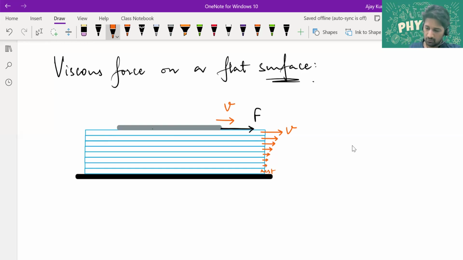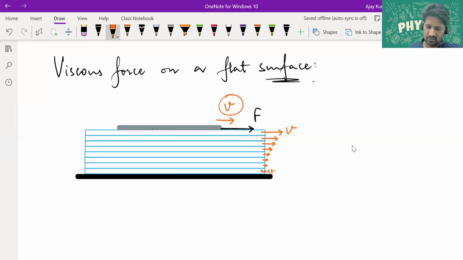If you want to move that polythene sheet with a speed v, you will have to move all the fluid layers along with it like this. Not all fluid layers will move with the same speed. There will be a velocity gradient. Gradient means what? Generally, the gradient of any quantity means the rate of variation of that quantity with distance.